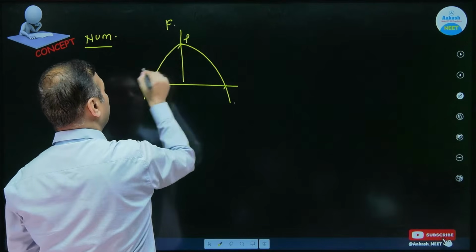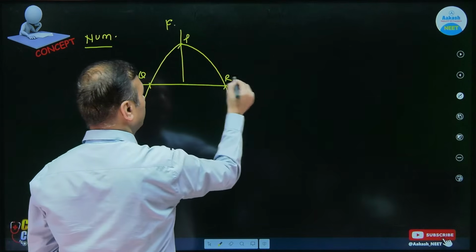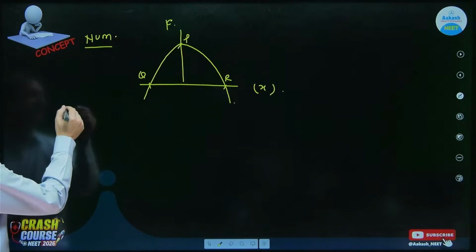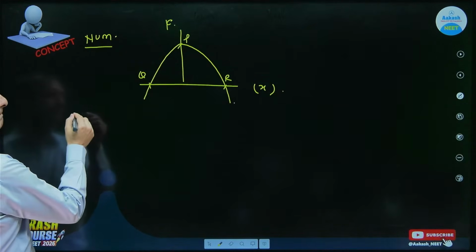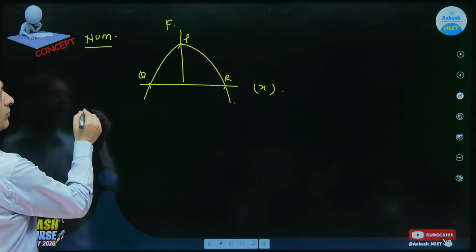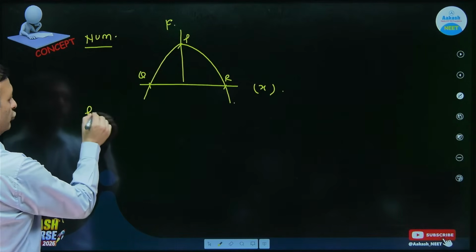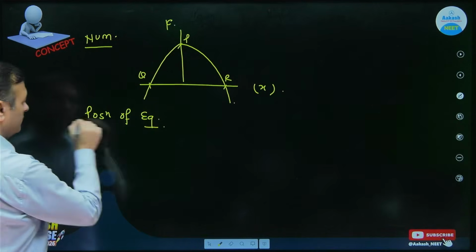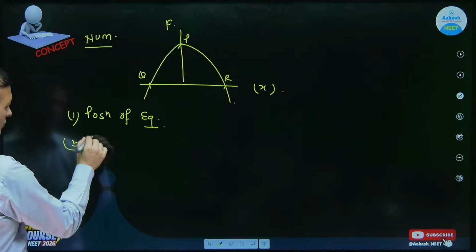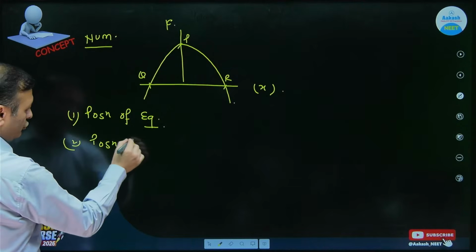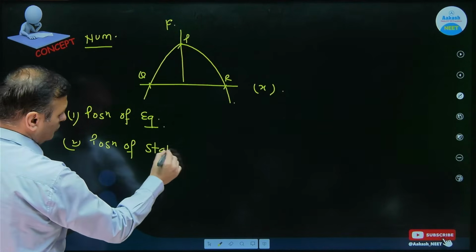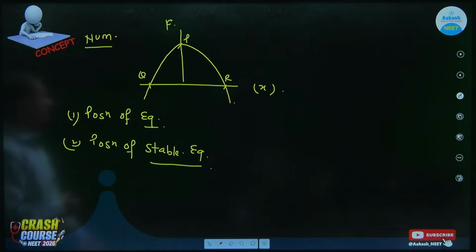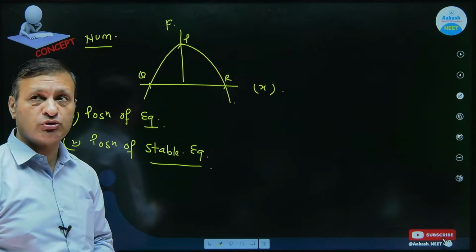So let's suppose this is P, this is Q, this is R, and this is X. Then I have to ask the position of equilibrium. This is the first question. Then the position of stable equilibrium. So this is again one of the important conceptual cases we have.